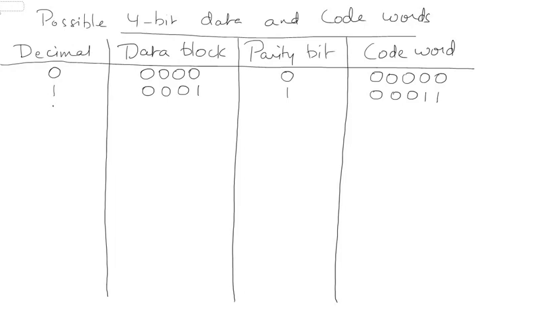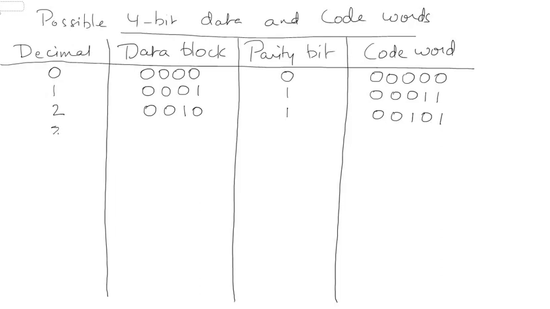Now take the decimal number 2. 2 can be written as 0, 0, 1, 0. Here also odd number of ones are there. So the extra parity bit is 1. And the complete code word is 0, 0, 1, 0 and 1.